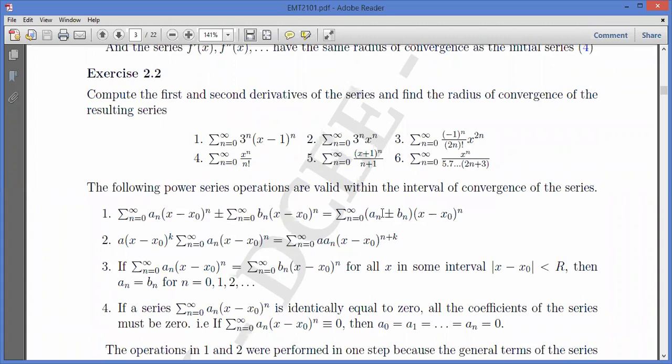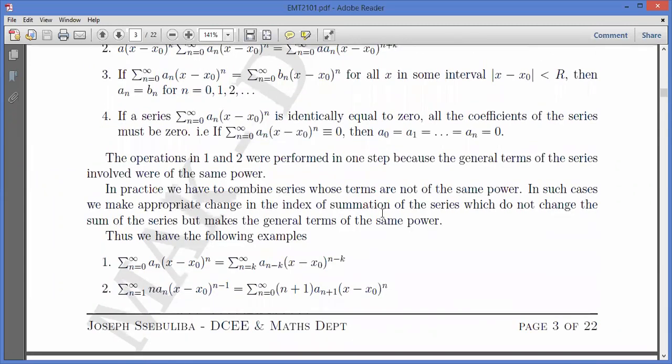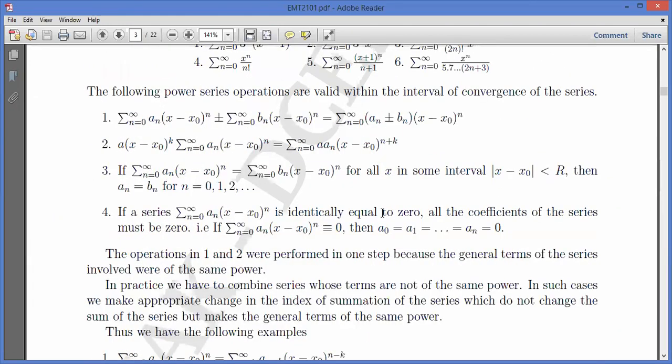We have this exercise, but then we usually attempt to manipulate some of these power series solutions, especially when we are faced with a differential equation. We'll find ourselves differentiating depending on the highest derivative of the given homogeneous or non-homogeneous equation.